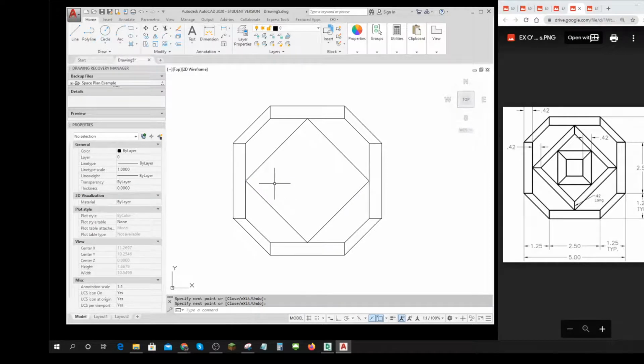And then I need this 0.42 again. Taking the top ones now. And I can do my endpoints again.